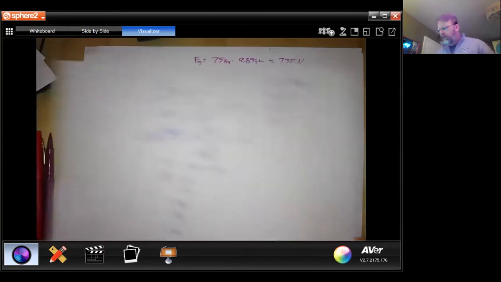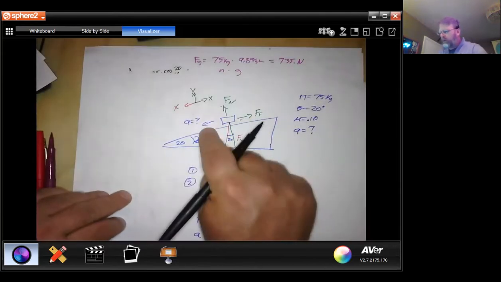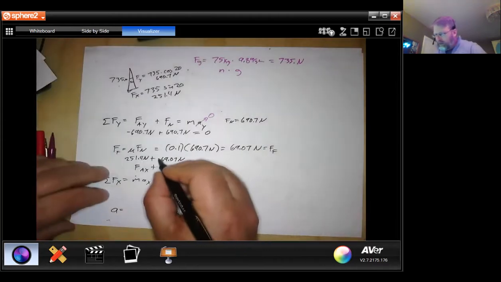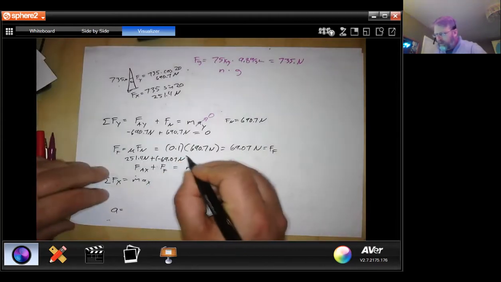Friction always opposes motion, which means this needs to be a negative.